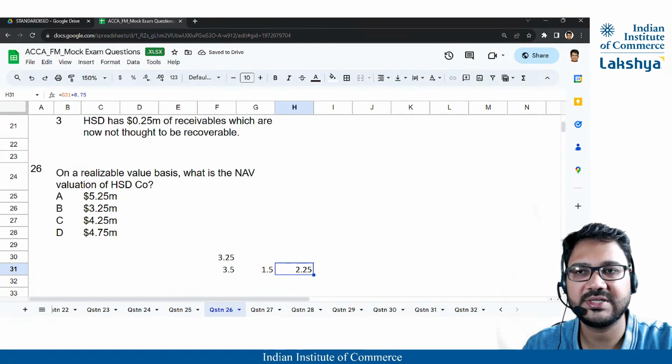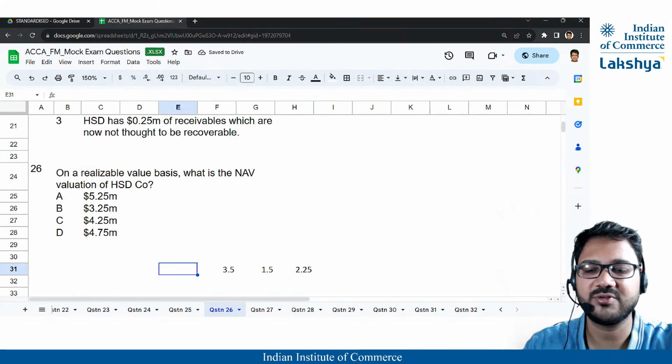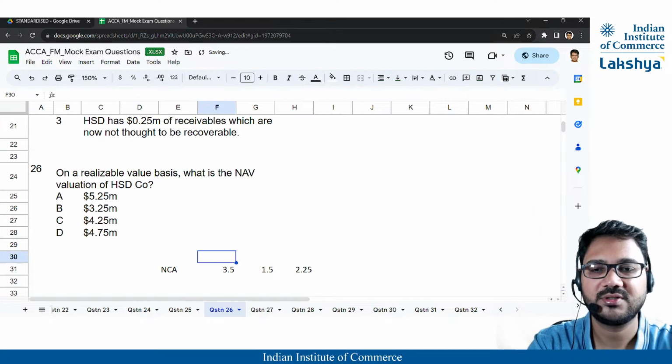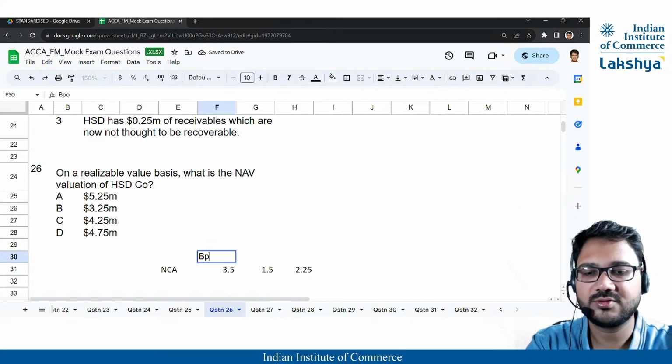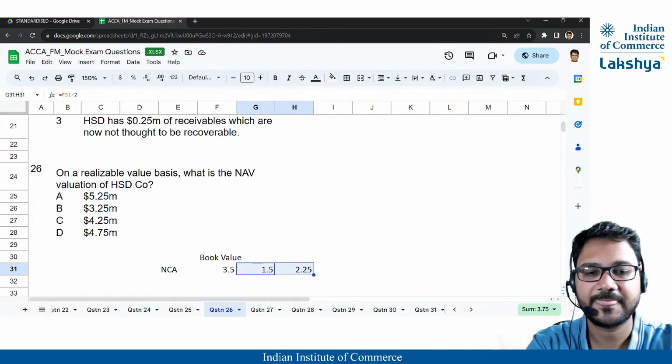So it's basically valued at 2.25. So our fixed asset valuation or non-current asset valuation will be book value.